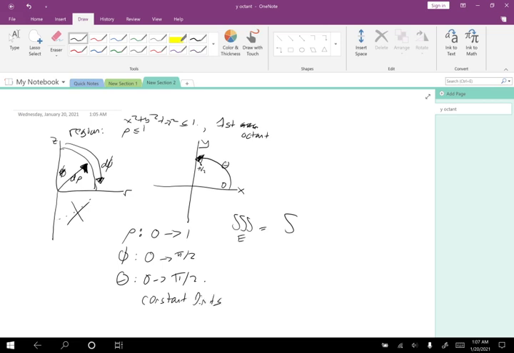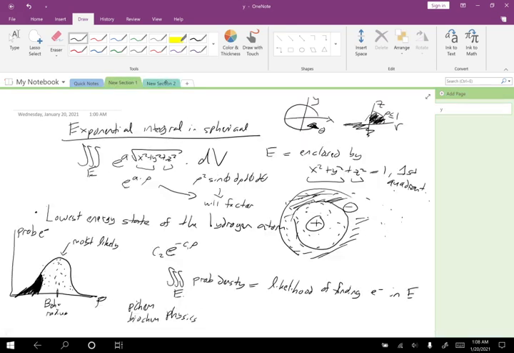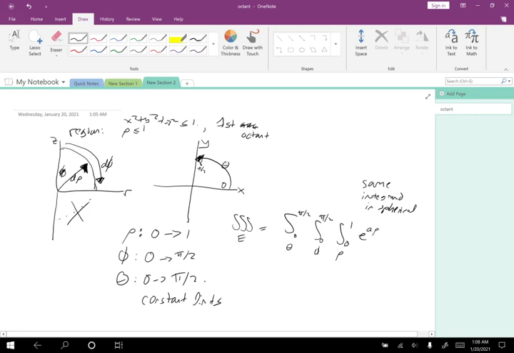If you had variable limits, you would stack them in such a way that the functions go on the inside and the constants go on the outside. But I'm just going to put theta here, phi here, and rho here. And then I will put the limits where they need to be. And I'm going to put the same integrand, just in spherical. So it was e to the a times rho, and then our dV, which is rho squared sine phi d rho d phi d theta.